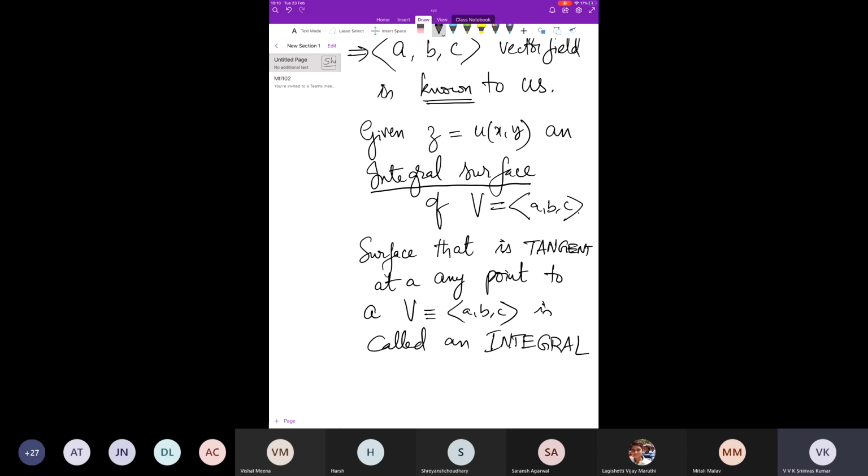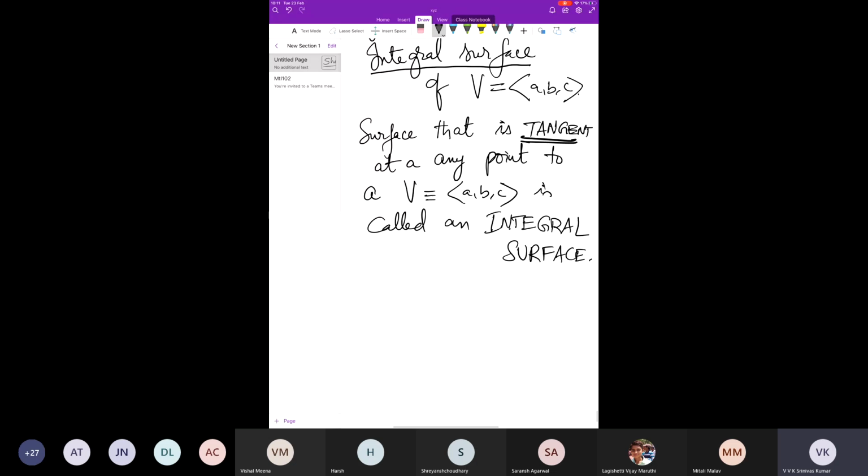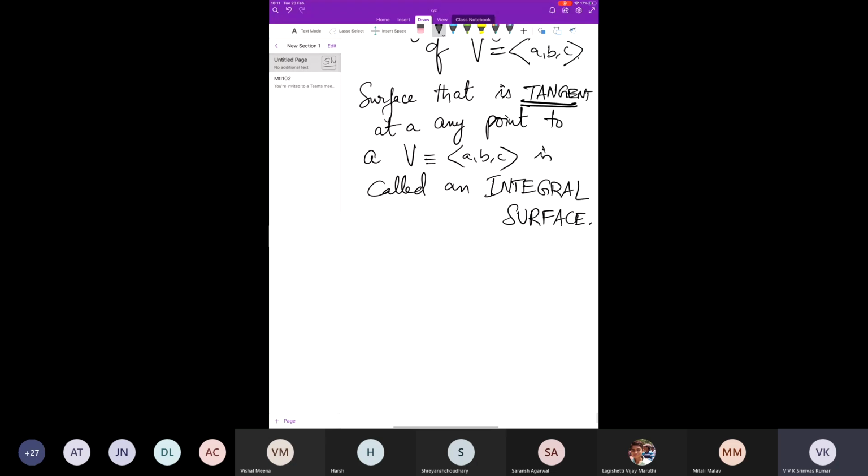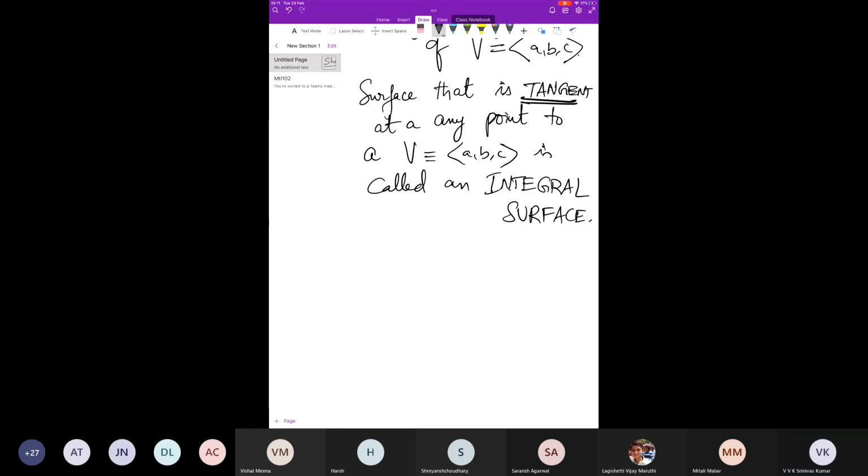What is the meaning of this? Tangent at any point. So how are we finding it? u_y minus 1 is equal to 0 by the given PDE.